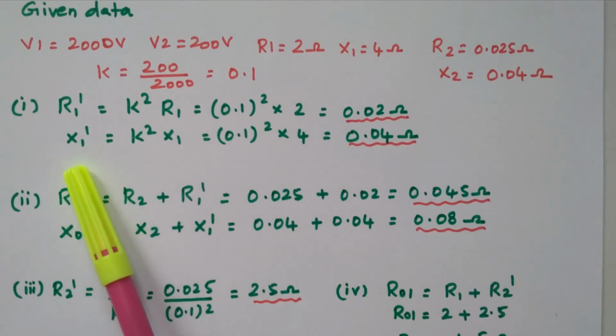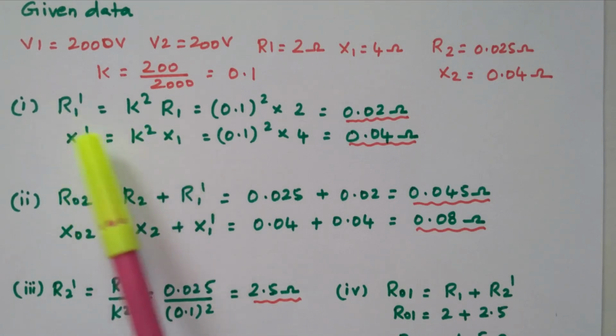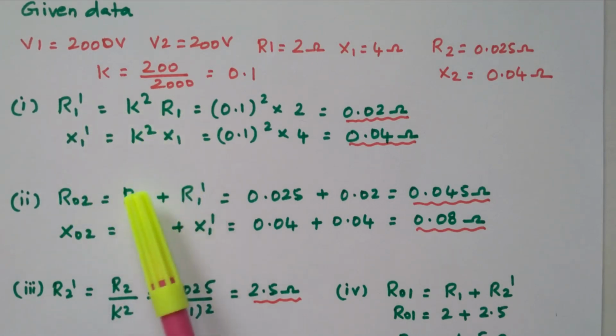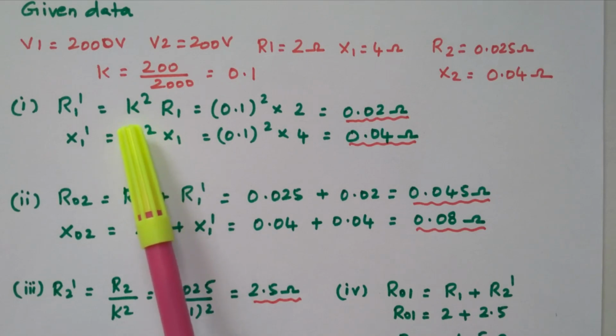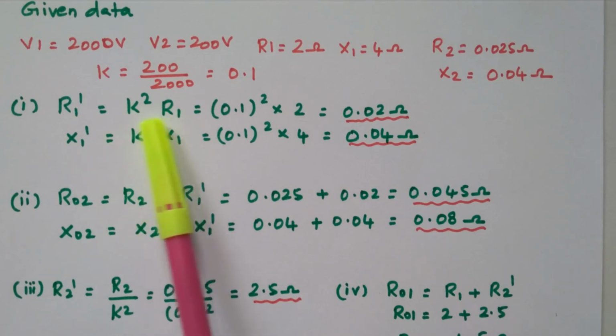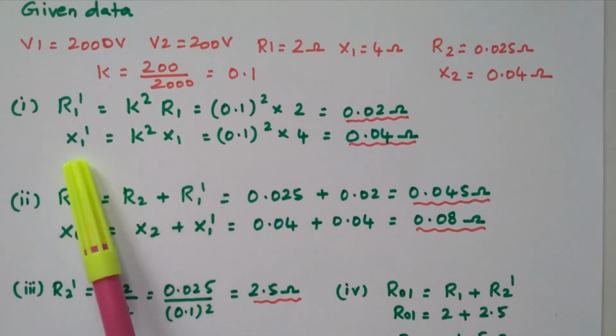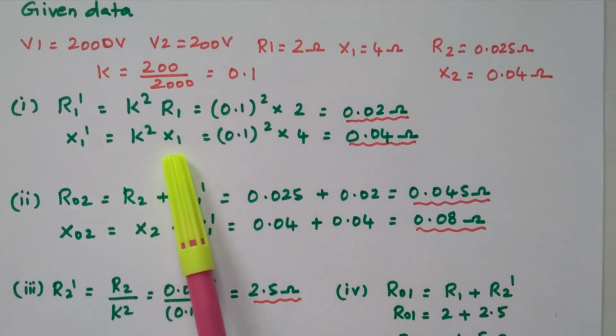Similarly, X1 is the reactance of primary, X1 dash means it is transferred to the secondary side. So that equivalent value is R1 dash equal to K square into R1. So while transferring to the secondary side, to give the same effect, it is multiplied by K square. Similarly, X1 dash equal to K square into X1.